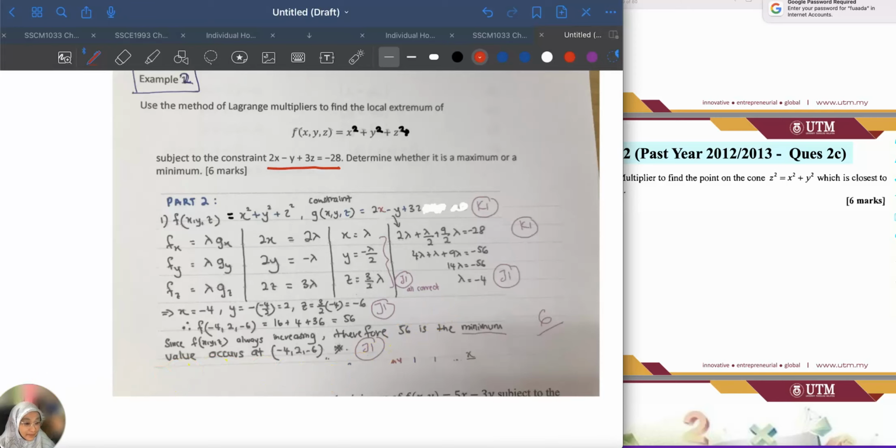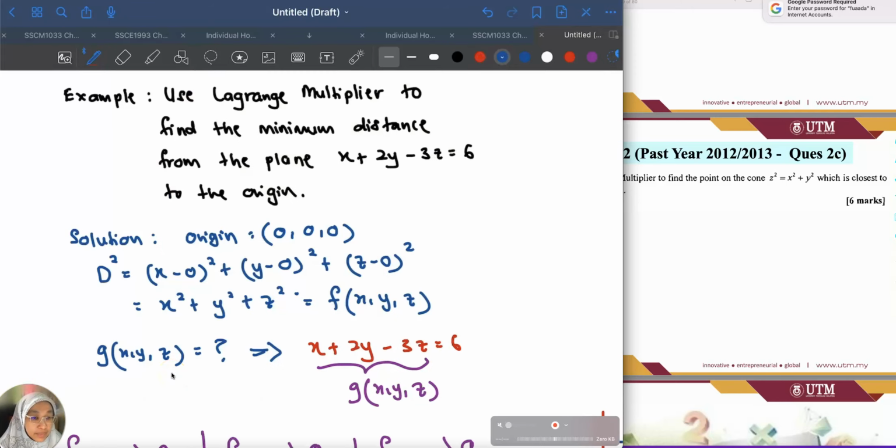Okay, here I give you another example, related to the shortest distance, just like the previous example. Use Lagrange multiplier to find the minimum distance, which is the shortest distance from the plane to the origin. As I mentioned before, the function comes from the formula of the shortest distance between a variable point x, y, z and the origin.